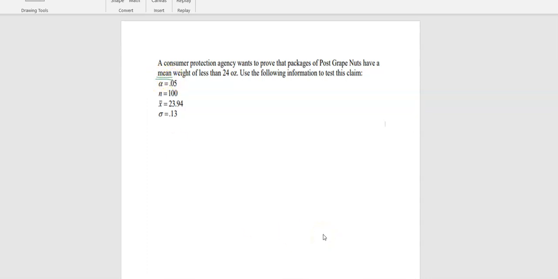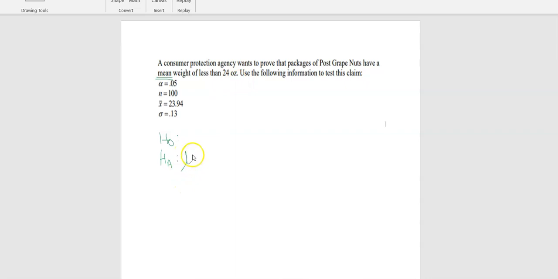All right, so the first thing we do is we state our null hypothesis and we state our alternate. And here it may be easier to state the alternate first because the alternate is what is stated in our first sentence. This consumer protection agency wants to prove that the mean weight of these packages is less than 24 ounces.